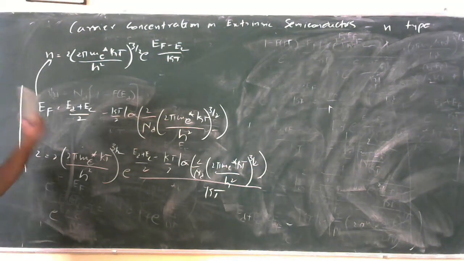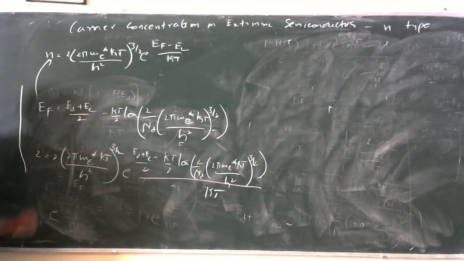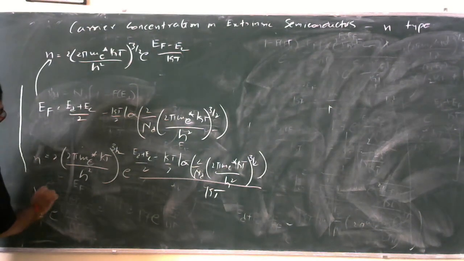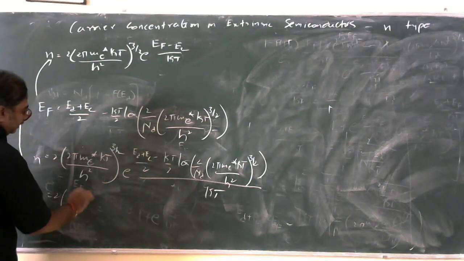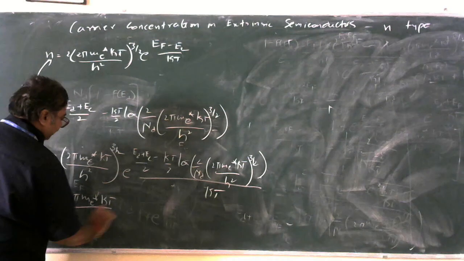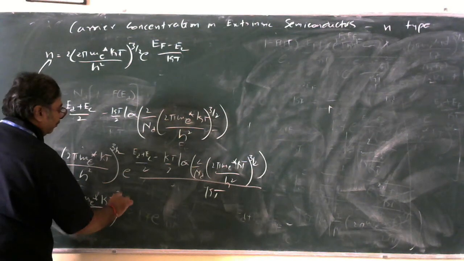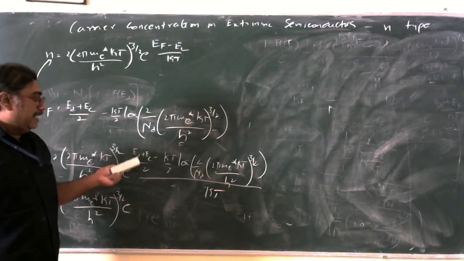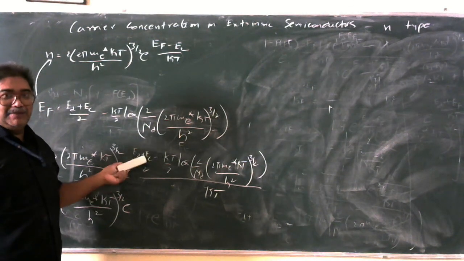So now divide that into individual things. So this can be written as n equals 2 into (2πm_e*kT/h²)^(3/2) into exponential of... This is a^(m−n), which can be written as a^m into a^(−n).